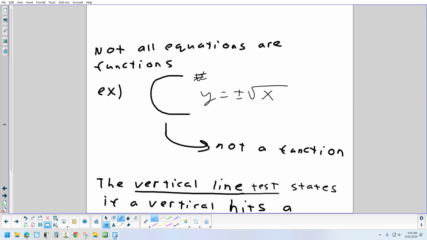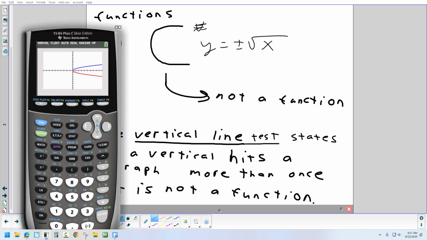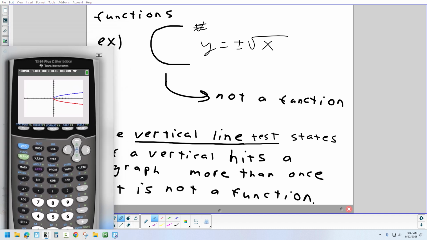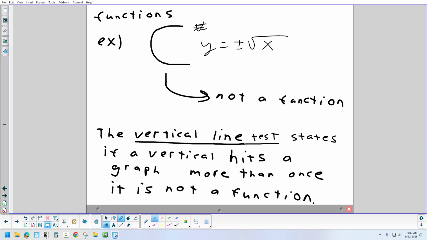Visually, that means it fails the vertical line test. When you draw a function, if you can put a vertical line anywhere and it hits the graph more than once, then you do not have a function.